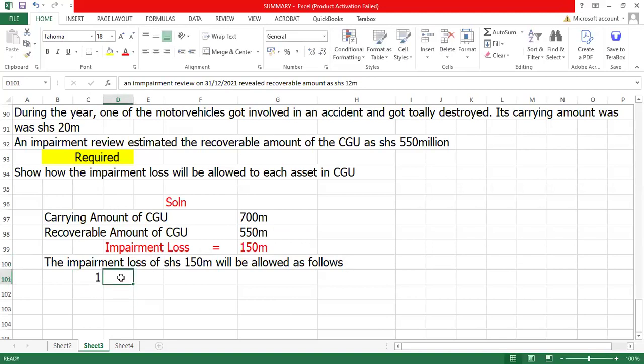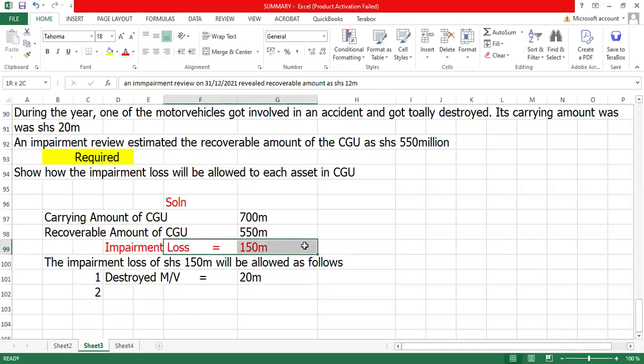One, you first allocate to the damaged asset. The motor vehicle was destroyed and its carrying value was 20. So out of 150, you allocate 20. Then number two, remember you keep asking yourself what is the balance.